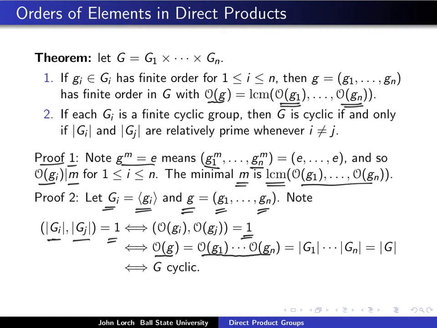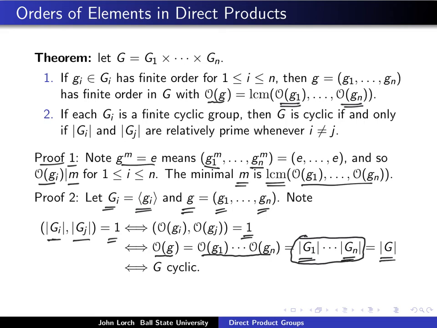Now, the order of each one of these is exactly equal to the size of its component group, because each little g sub i generates the component group capital G sub i. But now this product here, that's the size of the Cartesian product that gives rise to G. So what have we done?